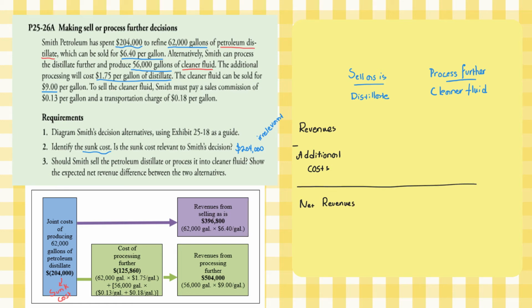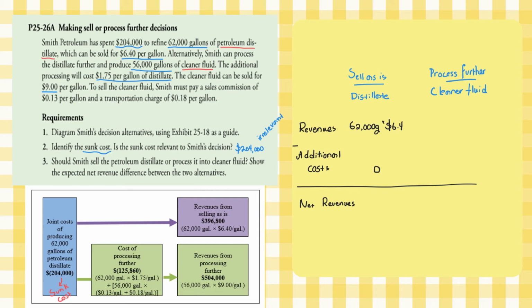Okay, so if we sell it as distillate, we have 62,000 gallons of distillate, and the sales price is 6.4 per gallon, and there will be no additional cost if we sell it as is.